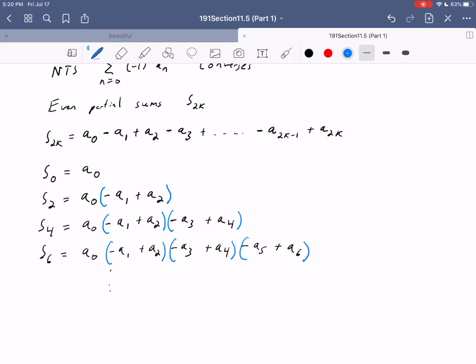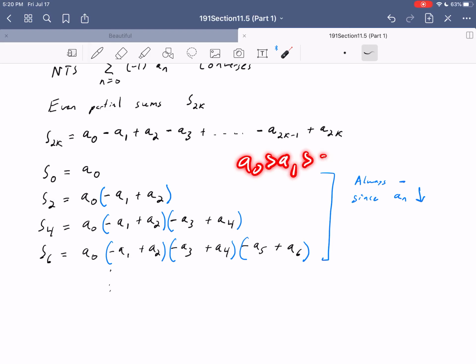Now, what I hope we can all see is that these grouped terms are always negative, since a sub n is strictly decreasing. We know that a0 is greater than a1, is greater than a2, is greater than a3, and so on. So if we group a1 and a2, a1 is bigger than a2, so minus a1 plus a2 has to be negative. a3 is bigger than a4, so minus a3 plus a4 has to be negative. a5 is bigger than a6, so minus a5 plus a6 is negative.